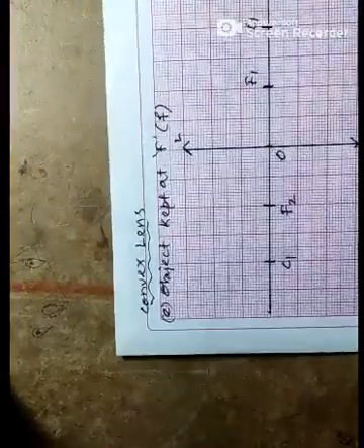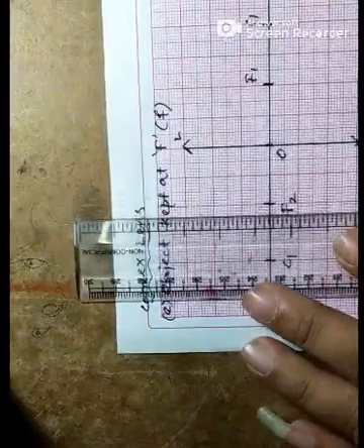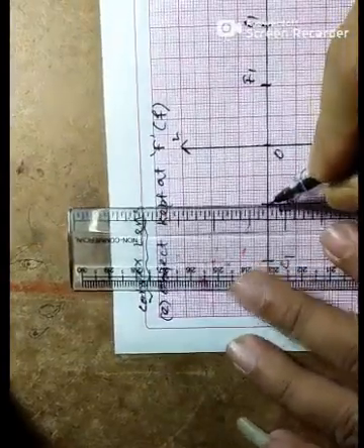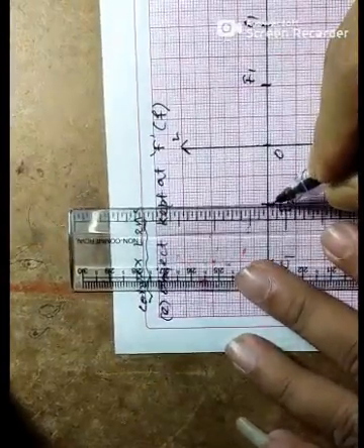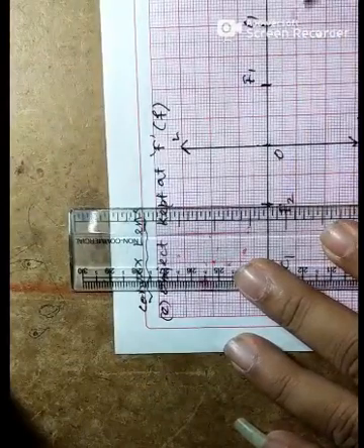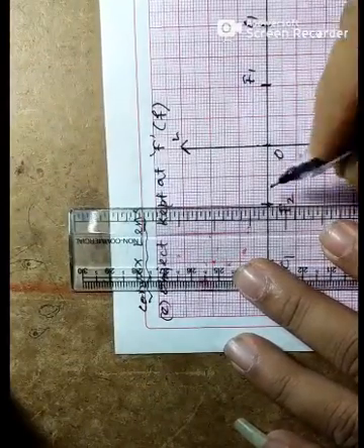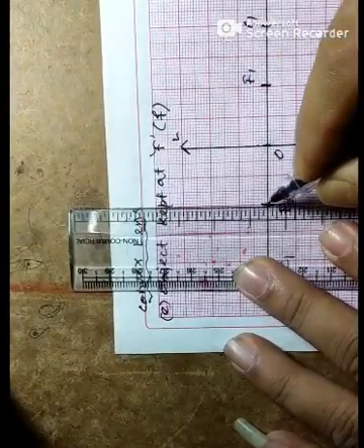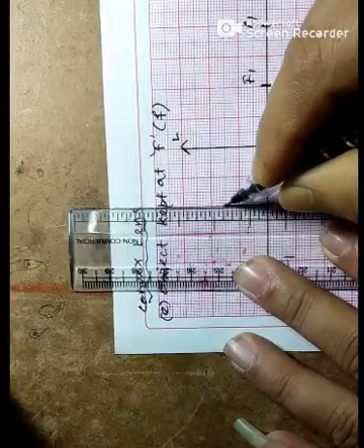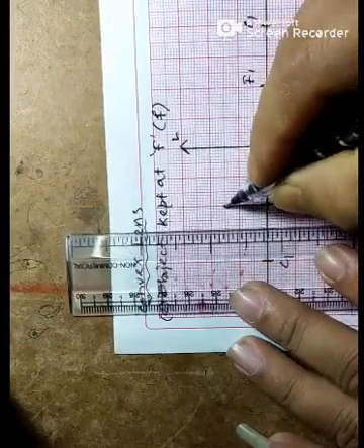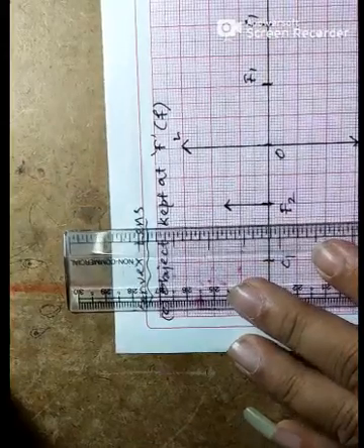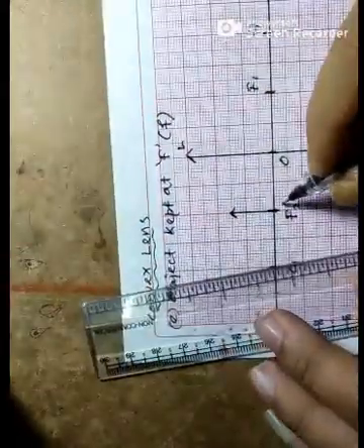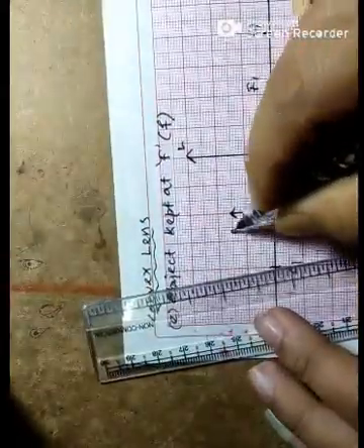So here you take at 2 centimeter you draw height of 1 centimeter. You can take 2 centimeter also, there is no problem at all. So take 1 centimeter or 1.5 also you can take. I have taken 1.5 here. Okay, so mark this as A and B.